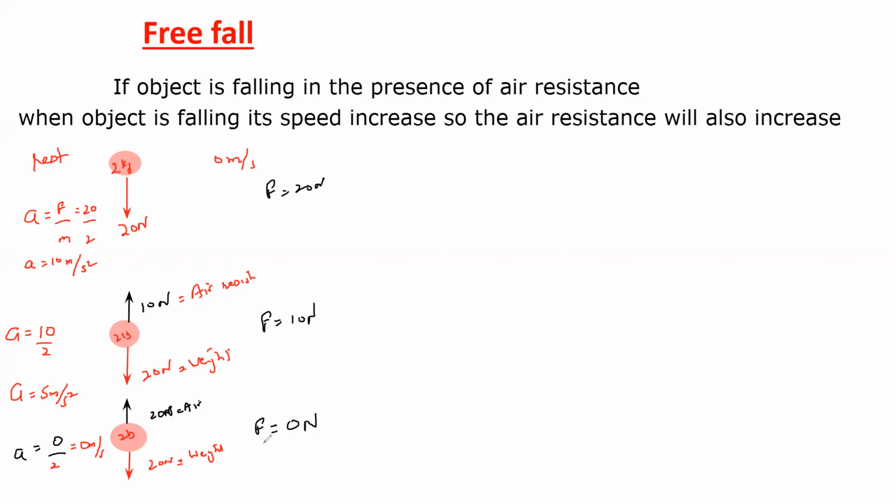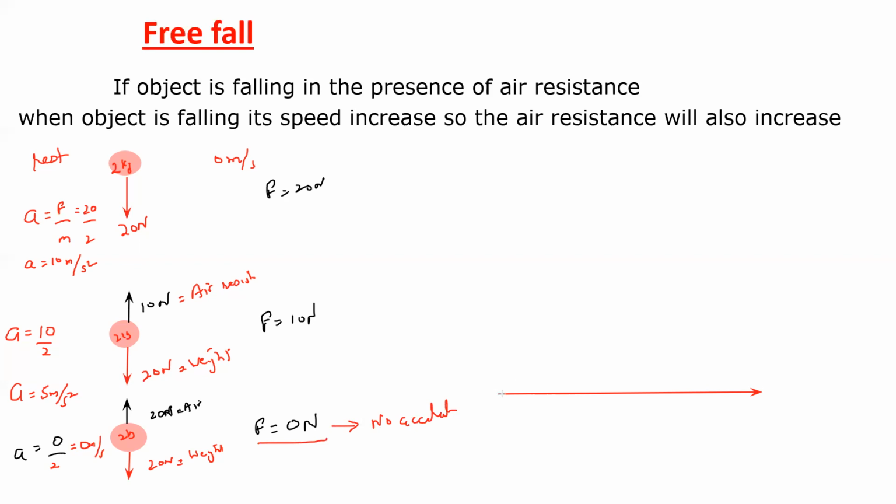So when there is no resultant force, there will be no acceleration. When there is no acceleration, no change in speed, the object will move with a constant speed, which is known as the terminal speed.